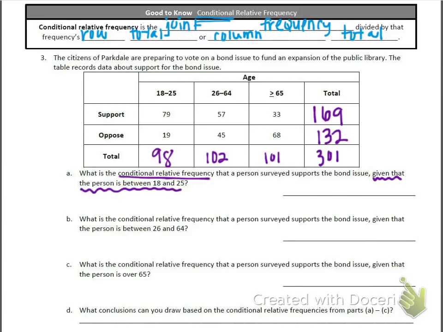So I'll read that to you again. What is the conditional relative frequency that a person supports the bond issue given that the person is between 18 and 25? What does that given mean? Any ideas?